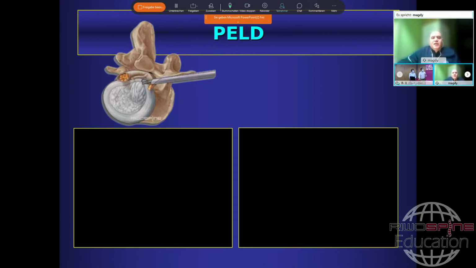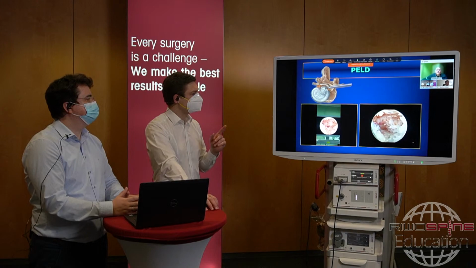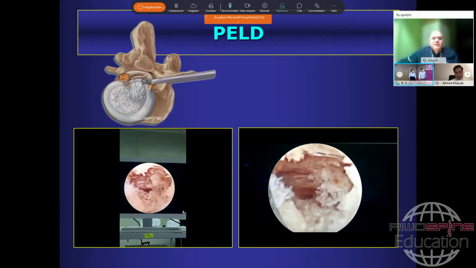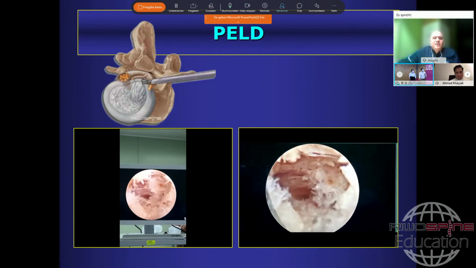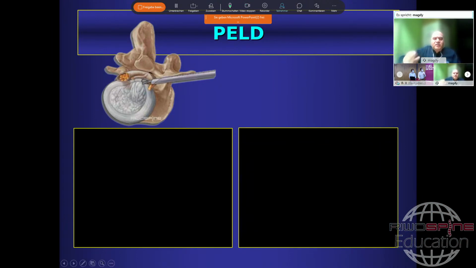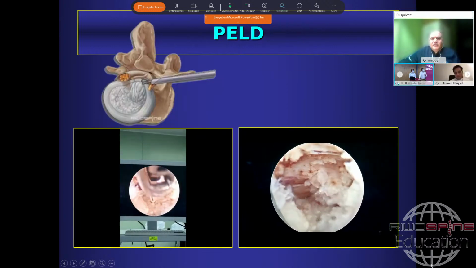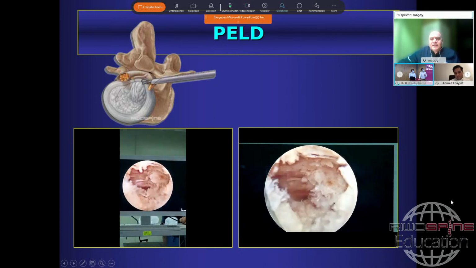Can you, Dr. Magdy, show us the trick you did? If you can see the video again, please. You did this to see if the nerve structures are released. What do you do there on the right side? This is a hook, like a probe. On the right side, you see the pulsation. There is a certain trick that you apply with the irrigation.